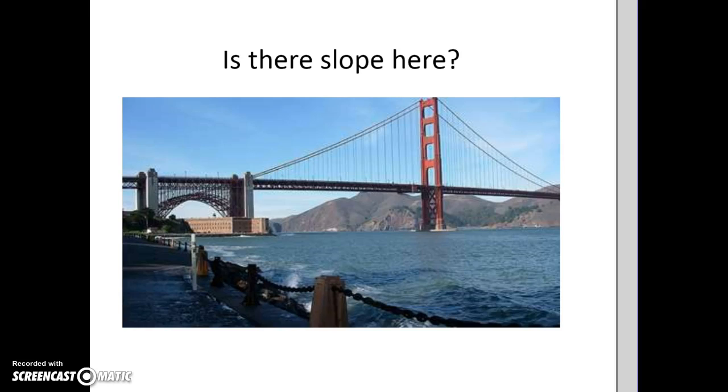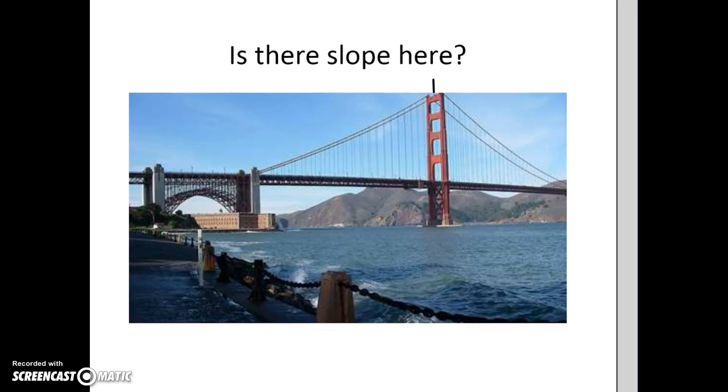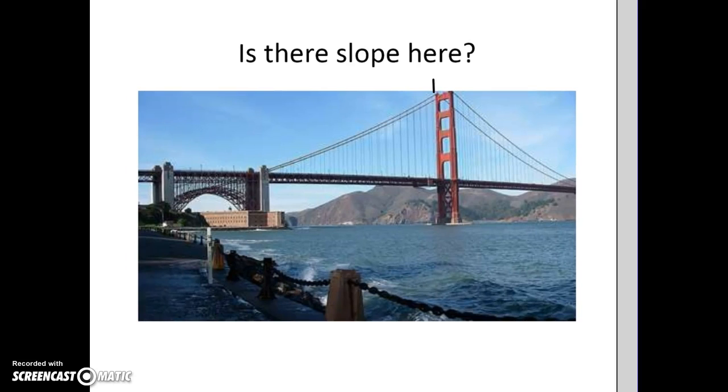So we actually have here slopes that are vertical. The support beam here for the wires is a vertical slope. Here at the bridge itself, it's flat, so that would have zero slope.